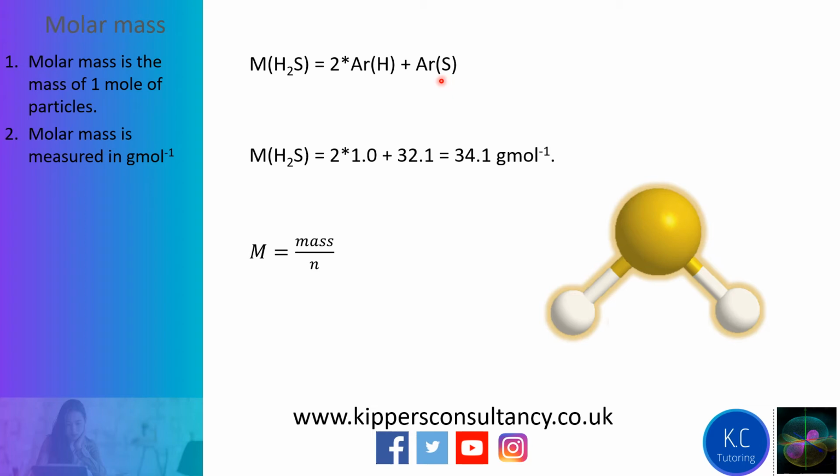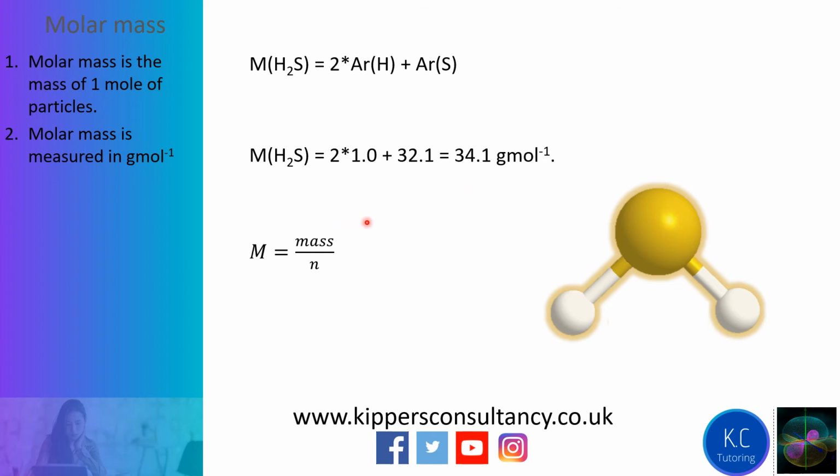The reason for this being is that hydrogen sulfide has 2 hydrogens and 1 sulfur. So the molar mass of hydrogen sulfide would be 2 times 1.0 plus 32.1, which is equal to 34.1 grams per mole. So what that means is that 1 mole of hydrogen sulfide weighs 34.1 grams.